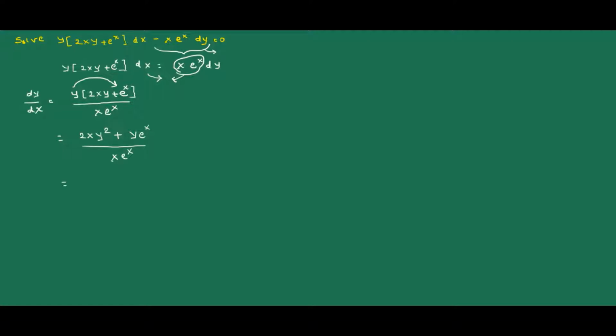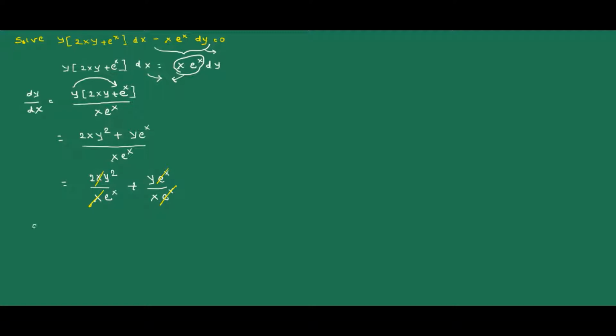Now you can also write it as 2xy square divided by x into e raised to x plus y into e raised to x divided by x into e raised to x, where in the first term x and x get cancelled and in the second one e raised to x and e raised to x get cancelled.